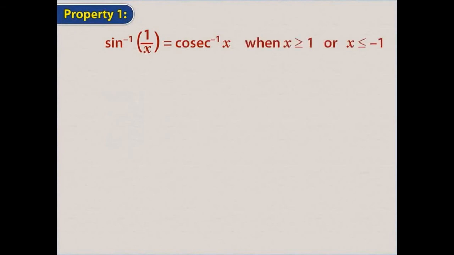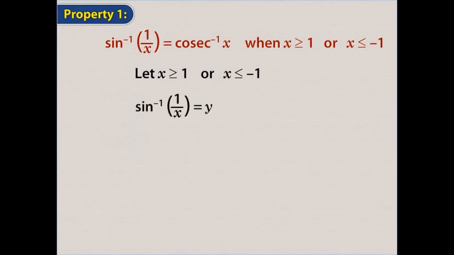Property 1. Let us now prove that sine inverse of 1 by x equals cosec inverse x when x is greater than or equal to 1 or x is less than or equal to minus 1. Let x be greater than or equal to 1 or x be less than or equal to minus 1.